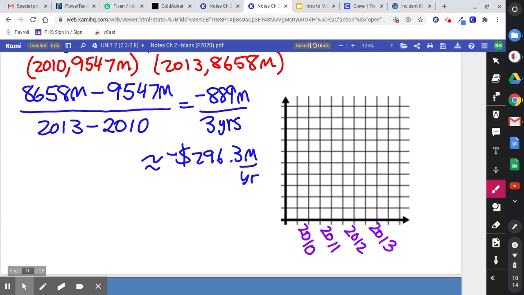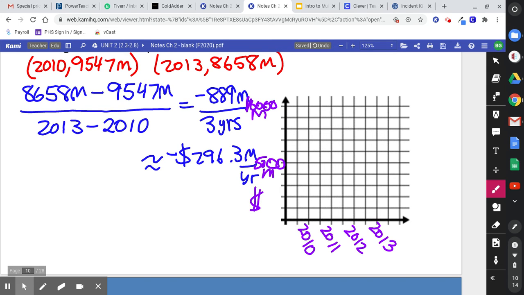So each mark was 1, 2, 3, 4, 5. That was 5,000 million. And then 6, 7, 8, 9, 10. That's 10,000 million. And of course, that's in dollars.